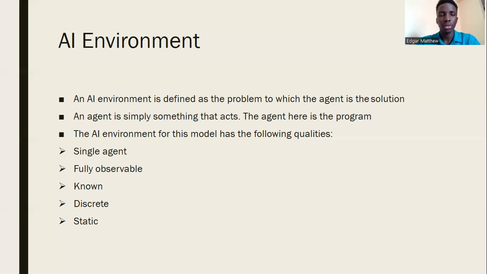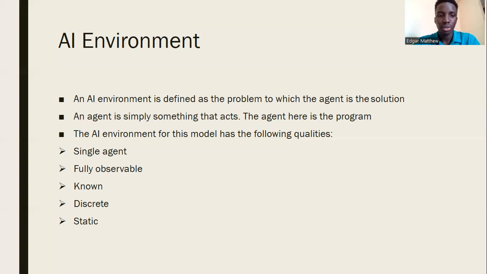The opposite of discrete is continuous, but this environment is not changing. Nothing's coming in, nothing's going out. It's just the agent classifying whether a cell or a tumor is cancerous or not, based on the data that it's been given. And since the data is sufficient and fully observable, the environment is discrete.